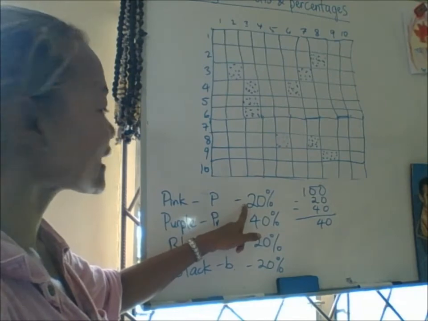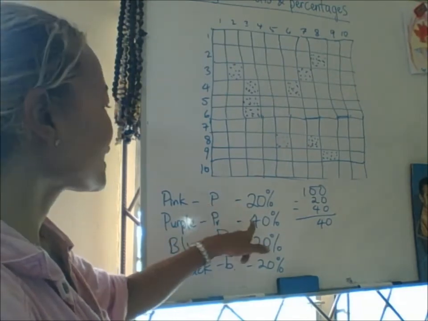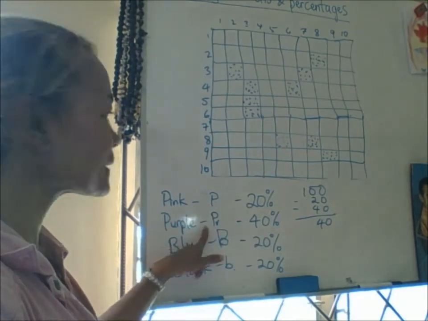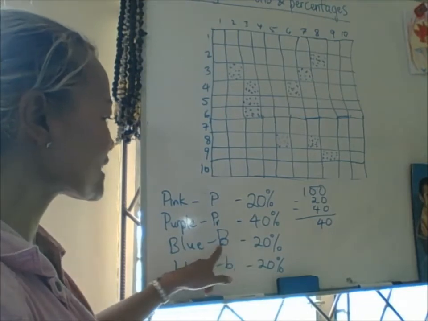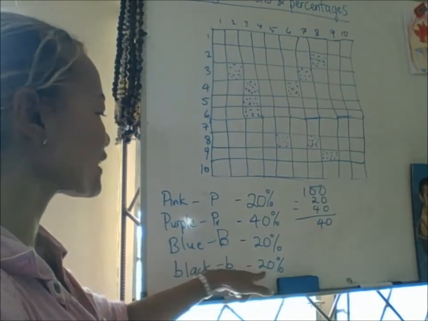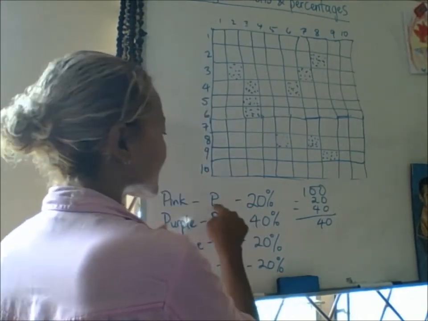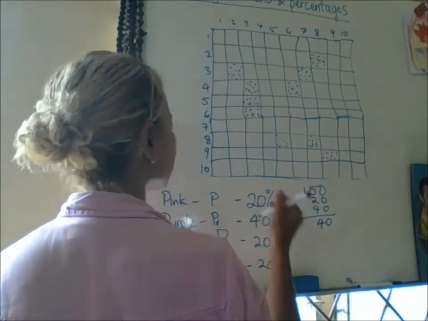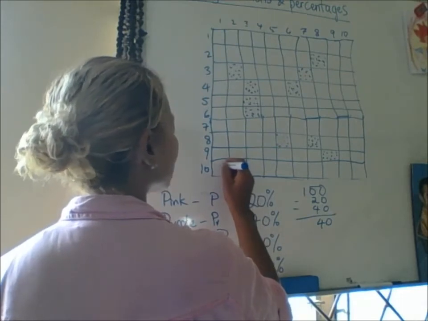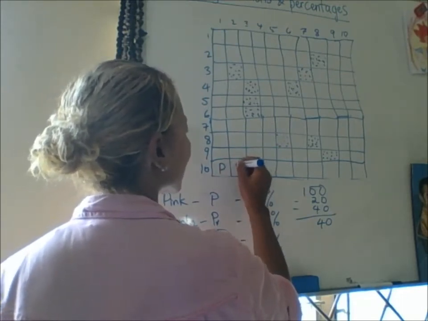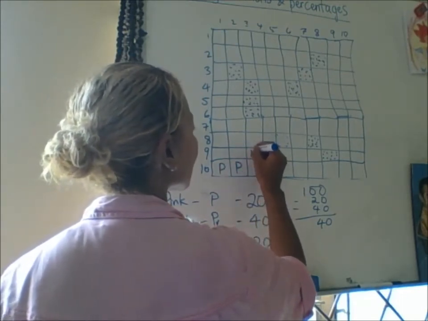20 of those squares you will color pink, 40 of the squares you will color purple, 20 of the squares you'll color blue, and 20 of the squares you'll color black. You're choosing, say, pink. You want 20 squares of pink. So that's my artwork, 1 P here and P here.